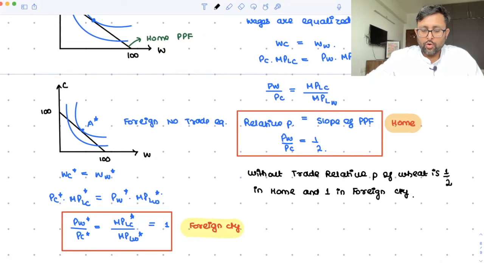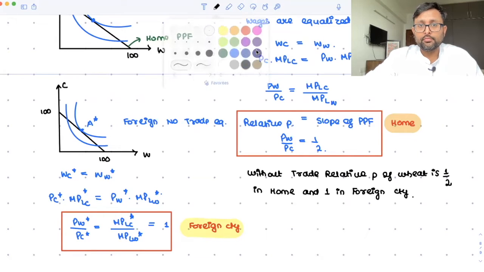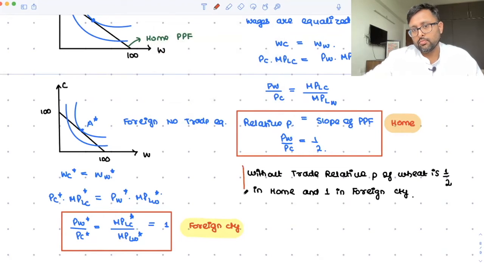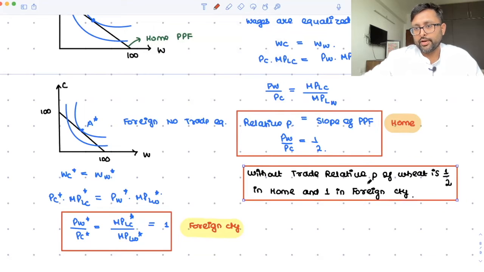So what will happen? Can you just think of it in this way? All of this is without trade, mind you.